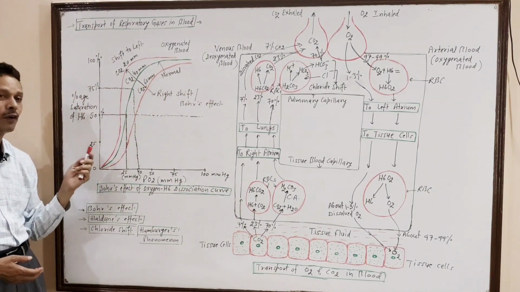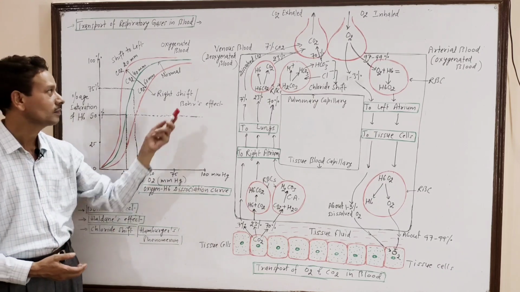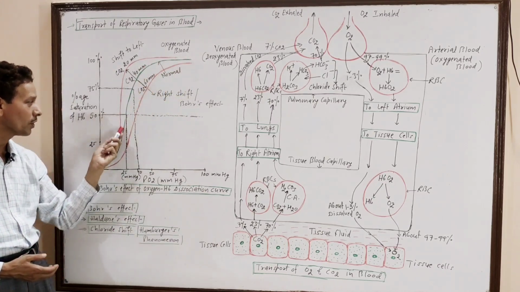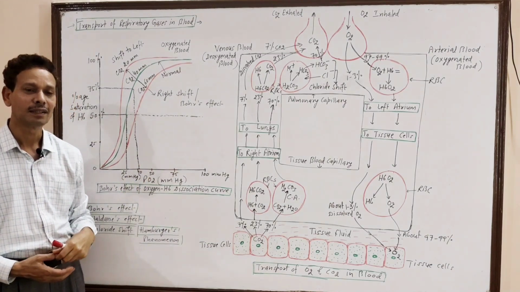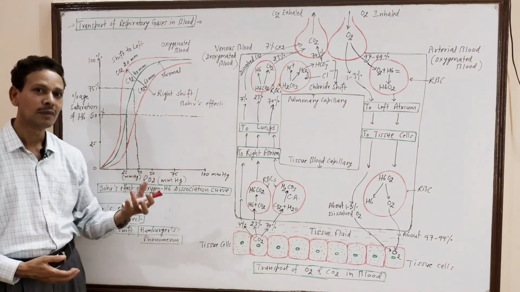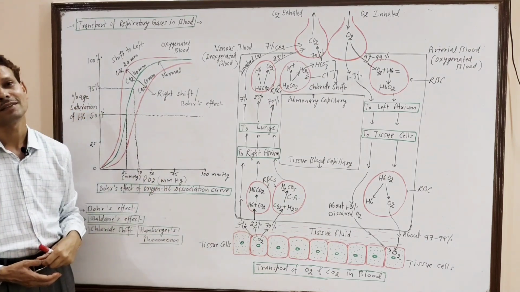This is the normal value of percentage saturation of hemoglobin with oxygen with respect to partial pressure of oxygen.